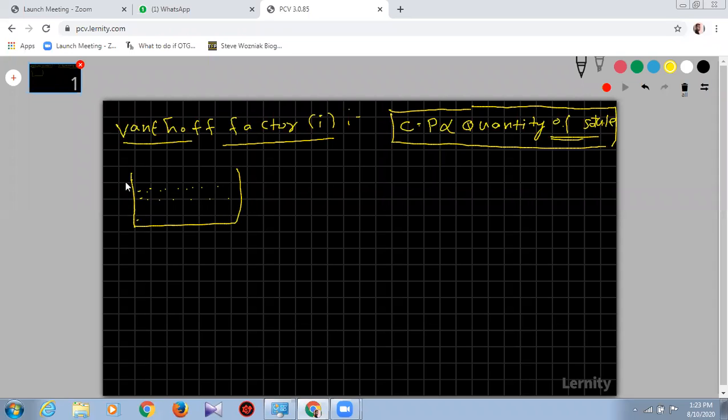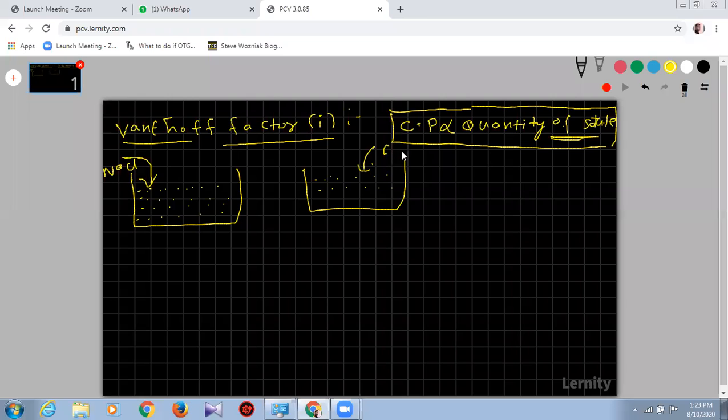In one case, I will add some sodium chloride. In another case, I will add some glucose, some sugar. I take 1 mole of sodium chloride here and 1 mole of glucose here.